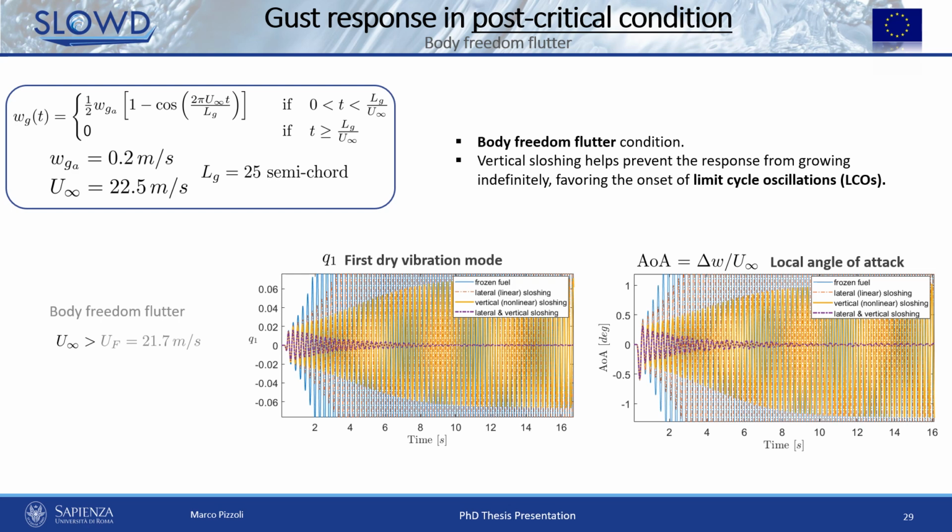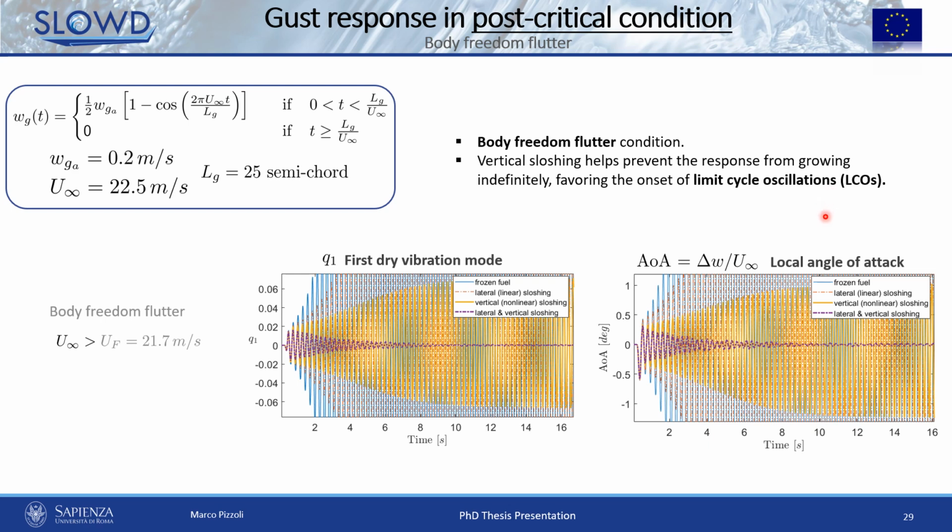In fact, we have that it induces a damping in the response that leads to the onset of limit cycle oscillation. And this happens both for the first dry vibration mode, so for the structural dynamics, and for the rigid body dynamics, because here we have the local angle of attack trends.